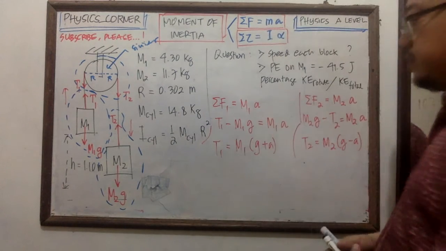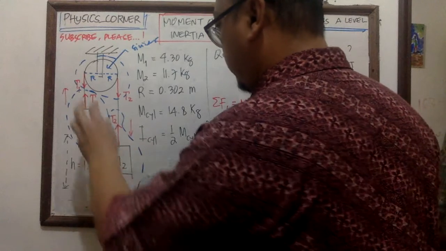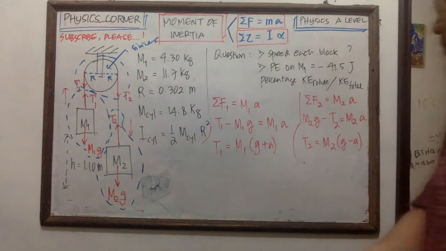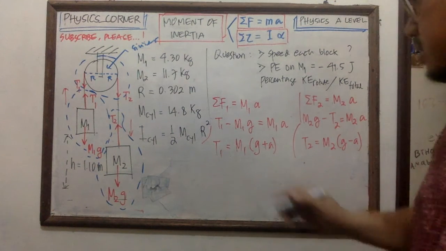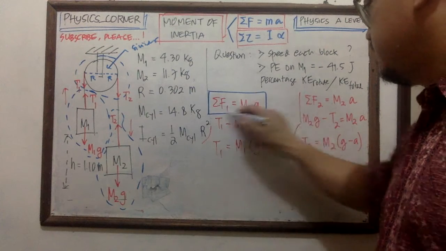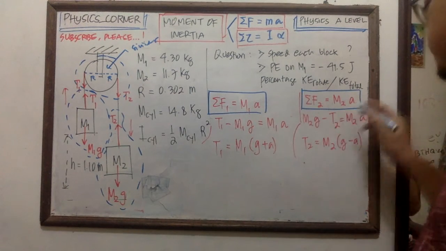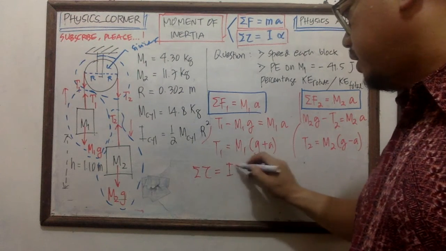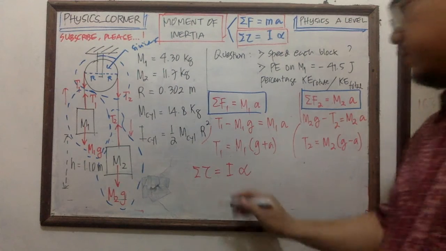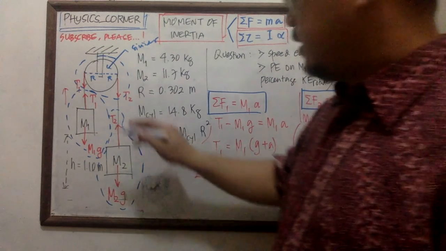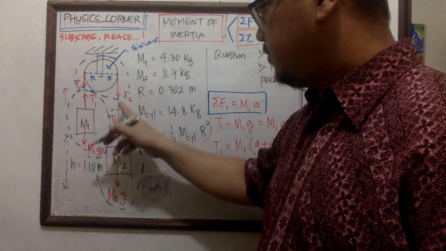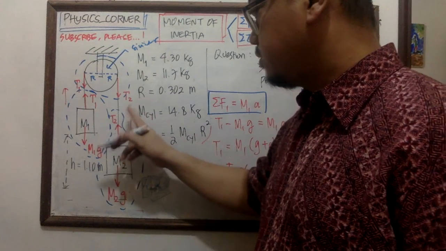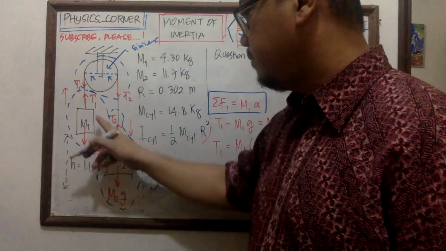Okay, now this is about the system of m1 and m2. So what about the system of the cylinder? On the cylinder, we have total torque equals I alpha. Looking at the direction of rotation, T2 is in the same direction as the motion of m2 and m1.